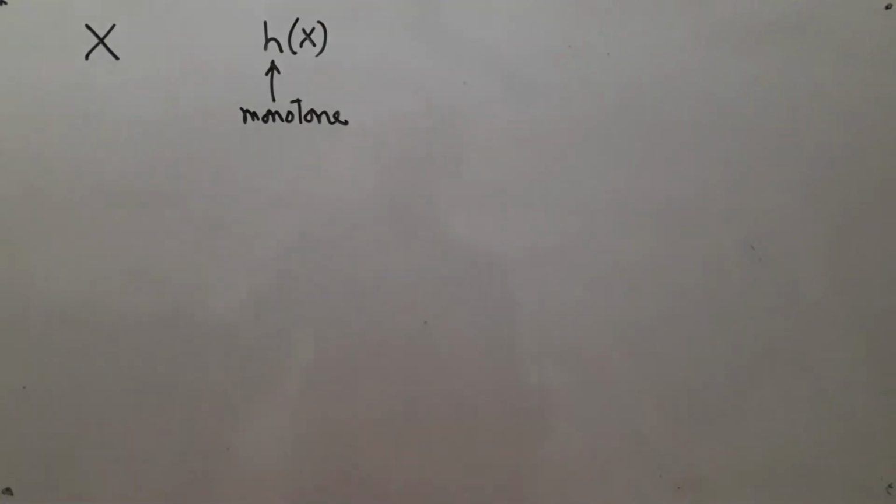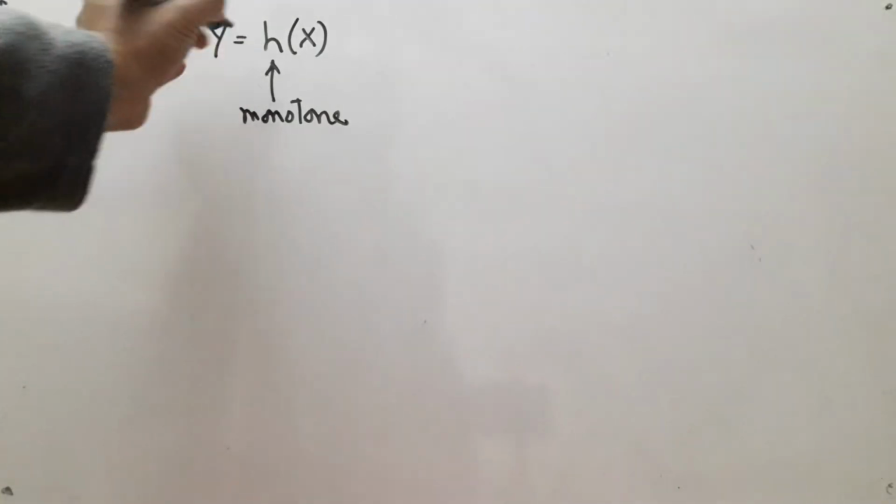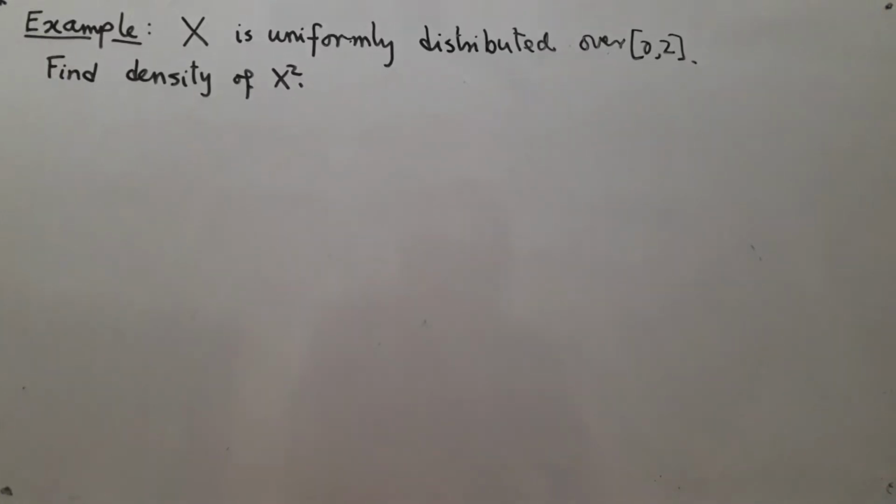So the idea is you start with the distribution of x, and from that you work out the CDF of y equals h(x), and then possibly differentiate it in order to arrive at its density. Let me explain the technique using an example.